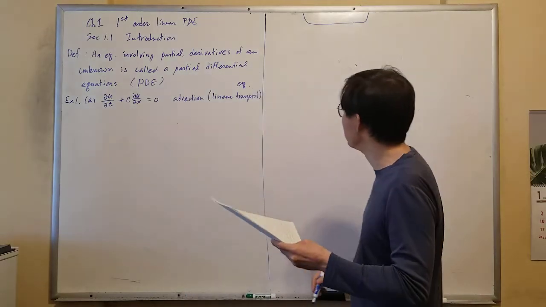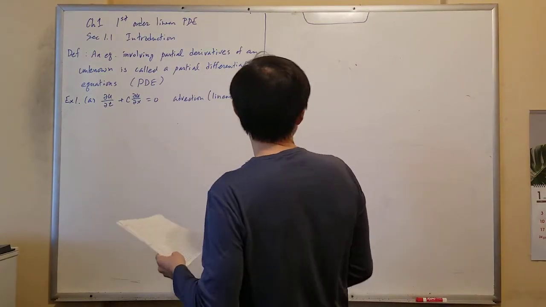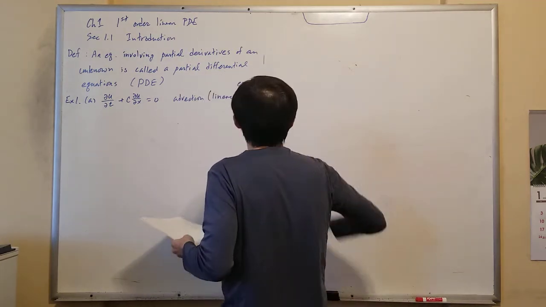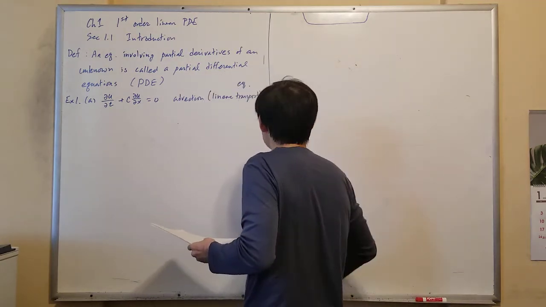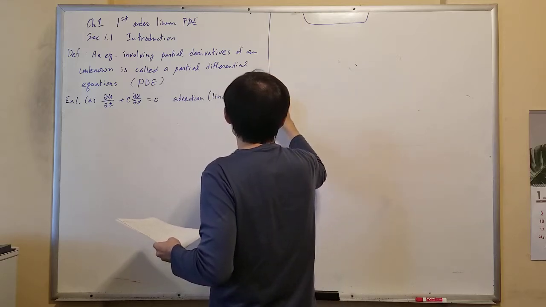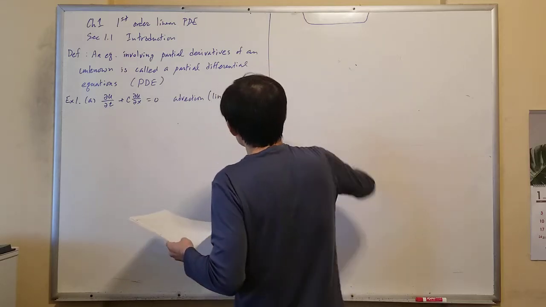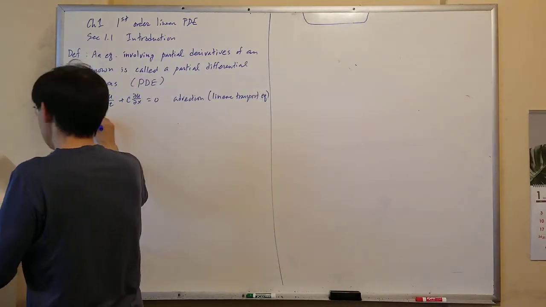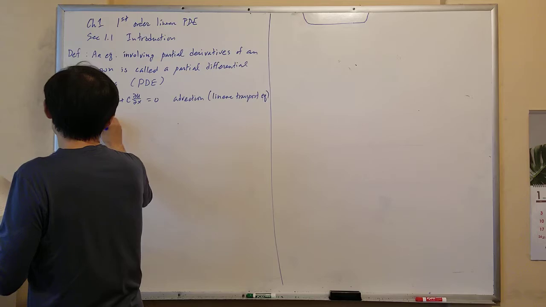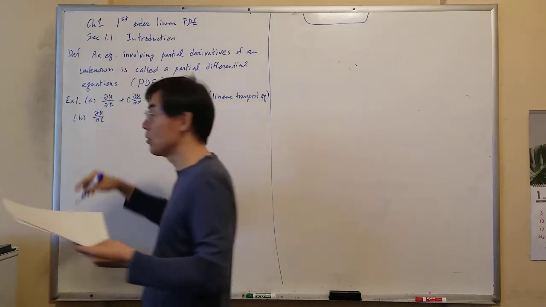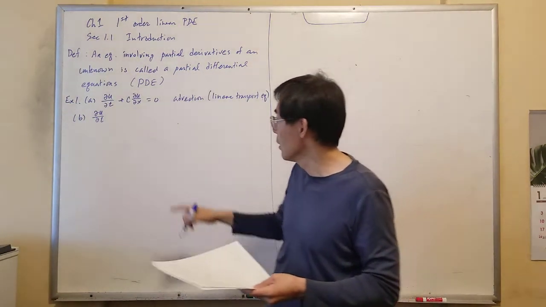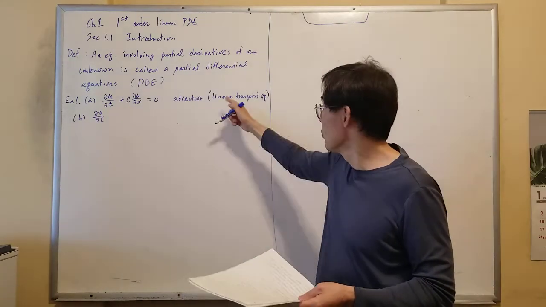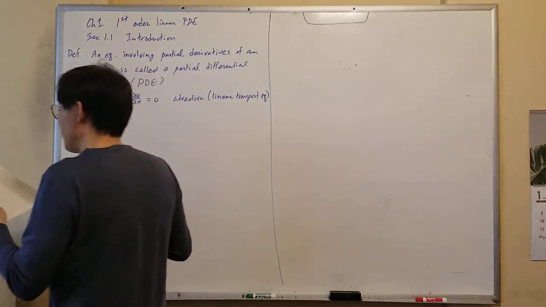Here u is a function of x and t, and the two partial derivatives have this relation. We call it linear transport equation or advection equation.